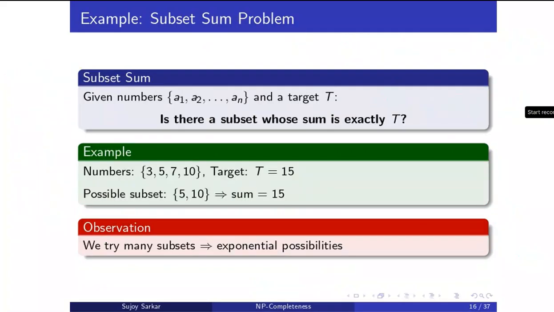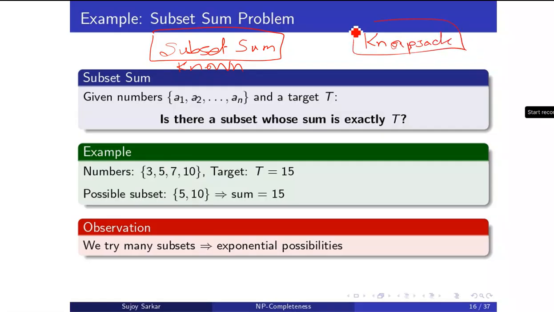Okay, so we'll take these two problems. One is subset sum. Assume this is our known problem. And the other problem we'll take is knapsack. This is a new problem.